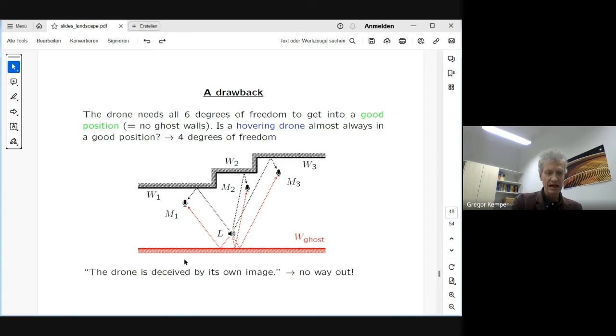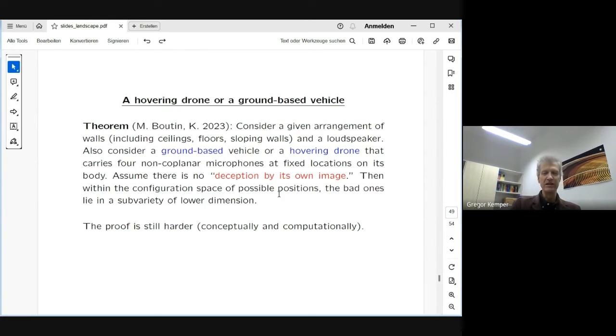Now, we gave this a name: the drone is deceived by its own image. That's because the distance between the walls is the same as the distance between the microphones. And then what we proved is that this situation, deception by its own image, in fact precisely characterizes those cases where not almost all positions are good.